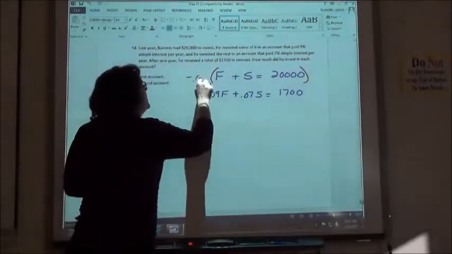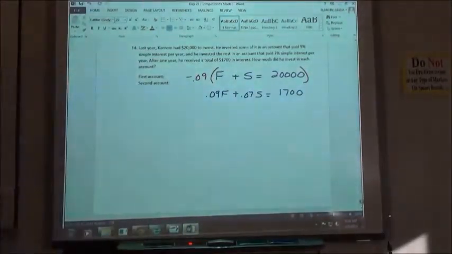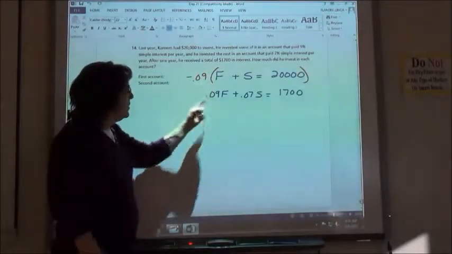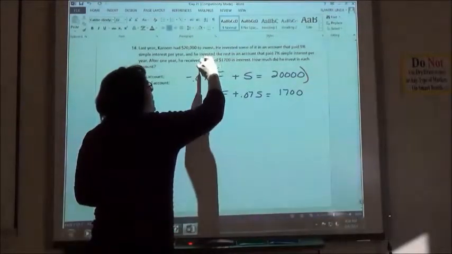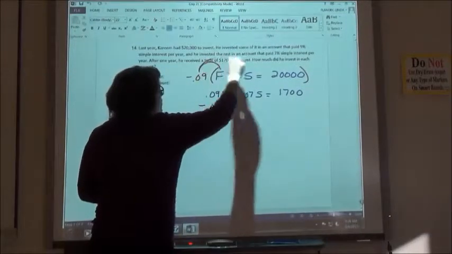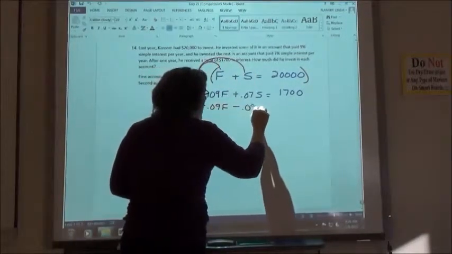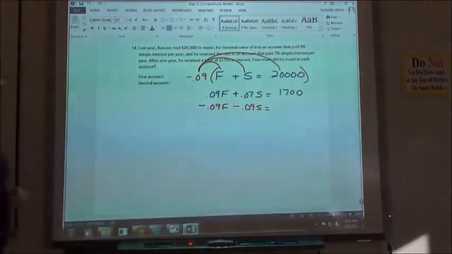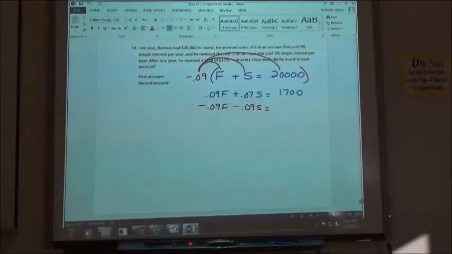So when we're doing that elimination method, we try to make opposites so that when we add, we can cancel them out. So we have negative 0.09f. We'll also have negative 0.09s. And then we have to take negative 0.09 times that 20,000 on the end.